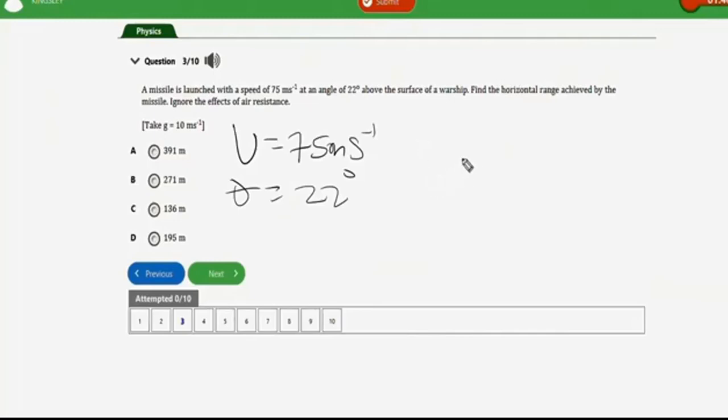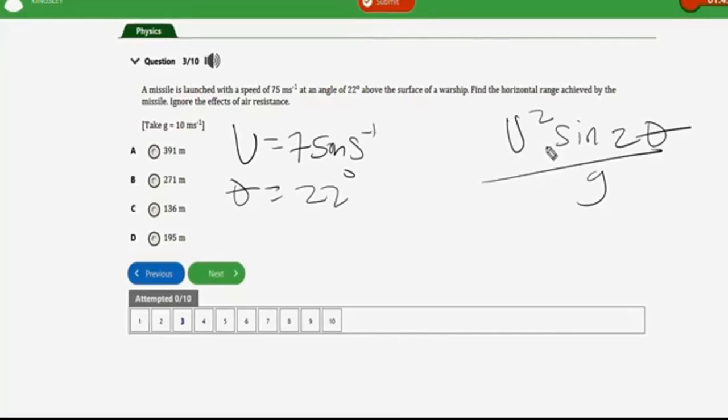Now, the range of a projectile, the formula is u squared sine 2 theta over g. Now guys, you have to get used to these formulas for projectiles. We have the formula for time of flight, the formula for maximum height, the formula for range, and the formula for time to reach maximum height.